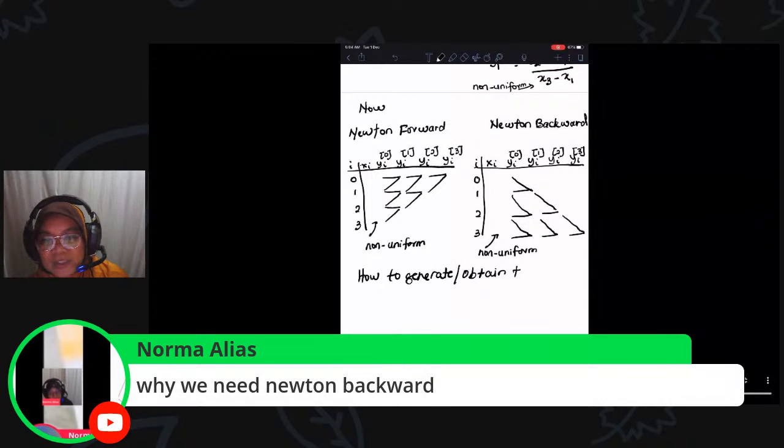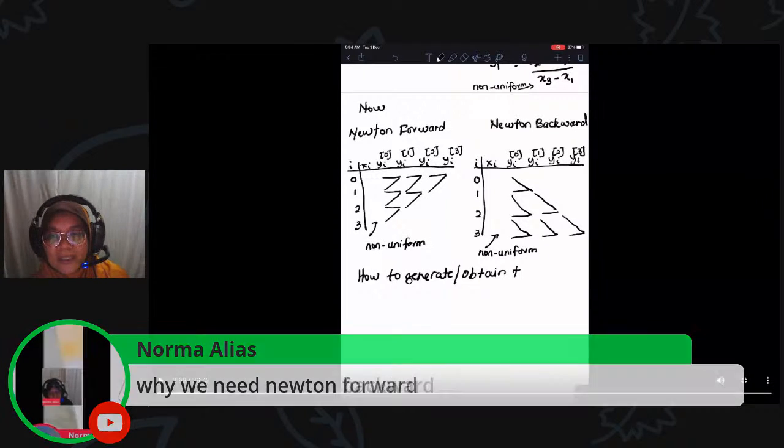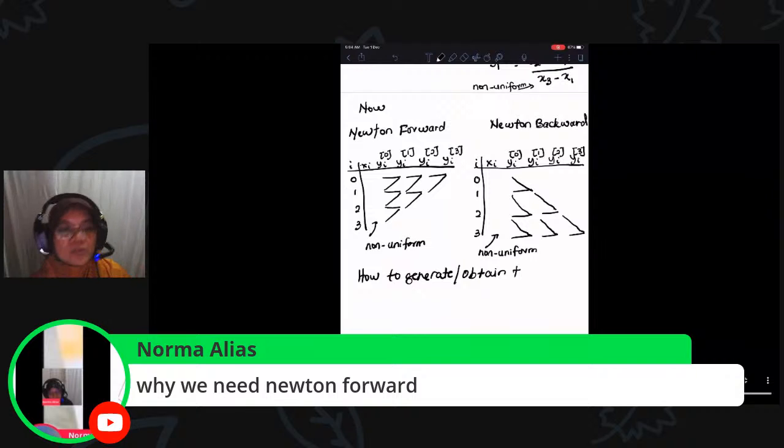These are two questions you need to answer now. We need forward because we want to find missing data near x0, near y0. We use backward because we want to find data near xn. Xn here is 3.